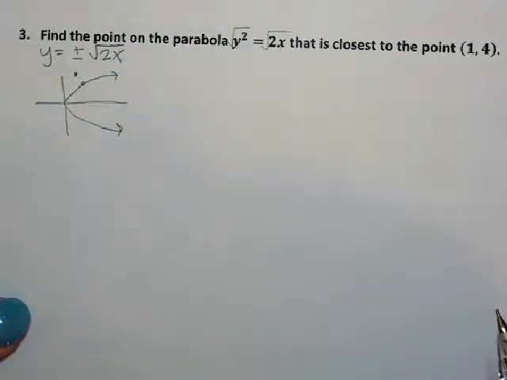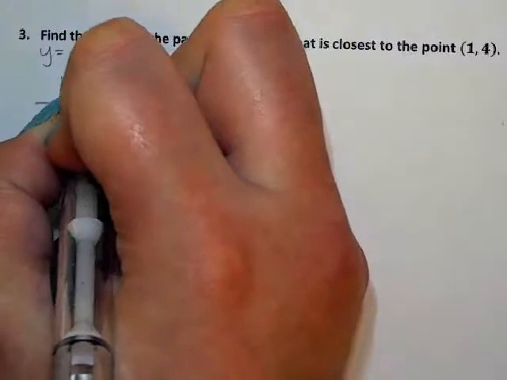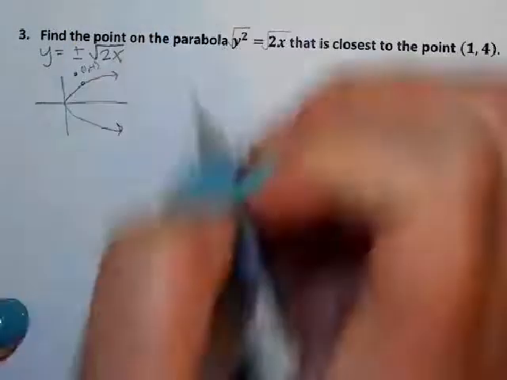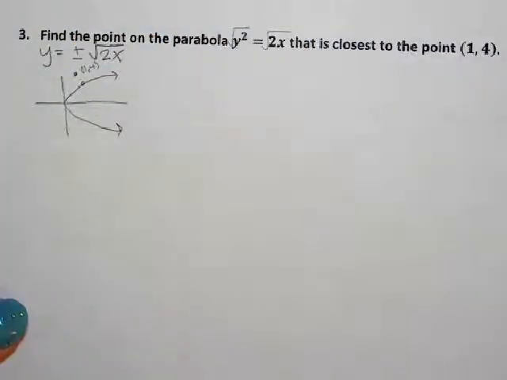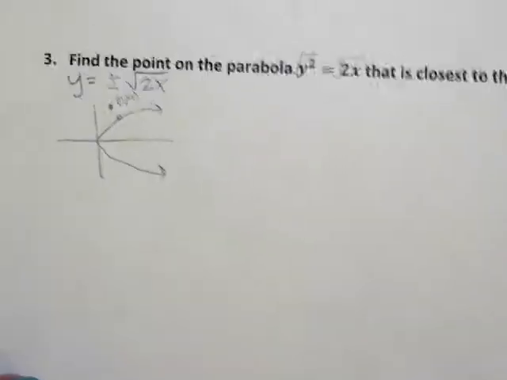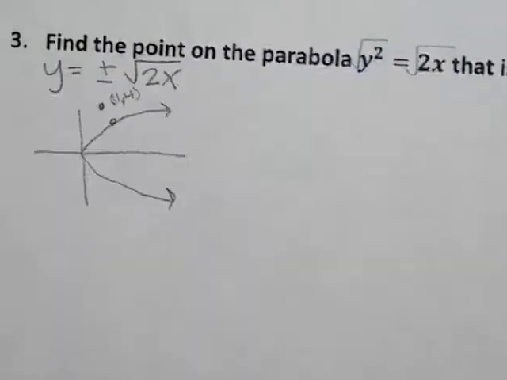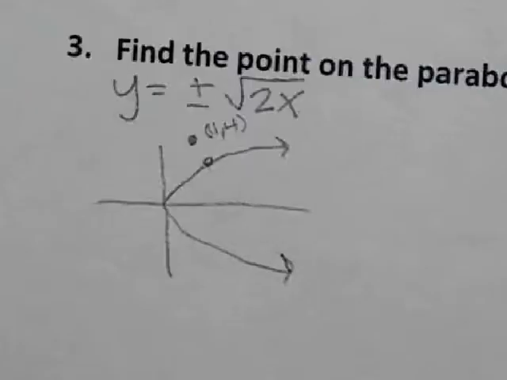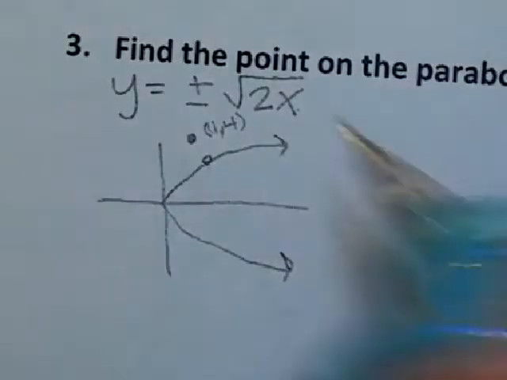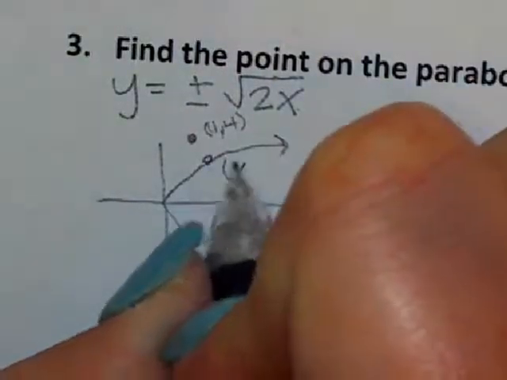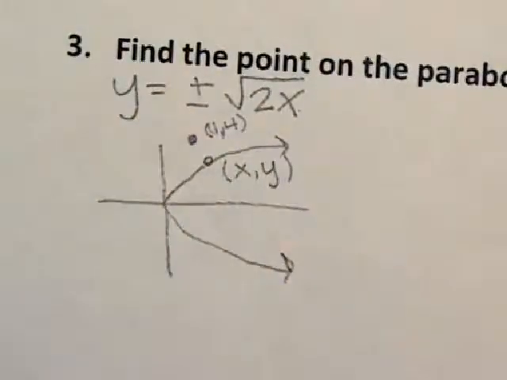I'm going to zoom in just a second. That point is (1, 4). I should have drawn my picture bigger. This point, I don't know what it is, but I know it's (x, y). Okay? So we have the point (1, 4) and we have the point (x, y).